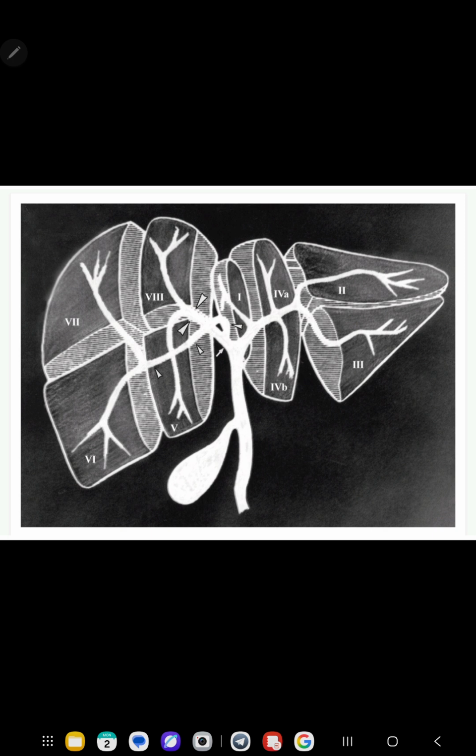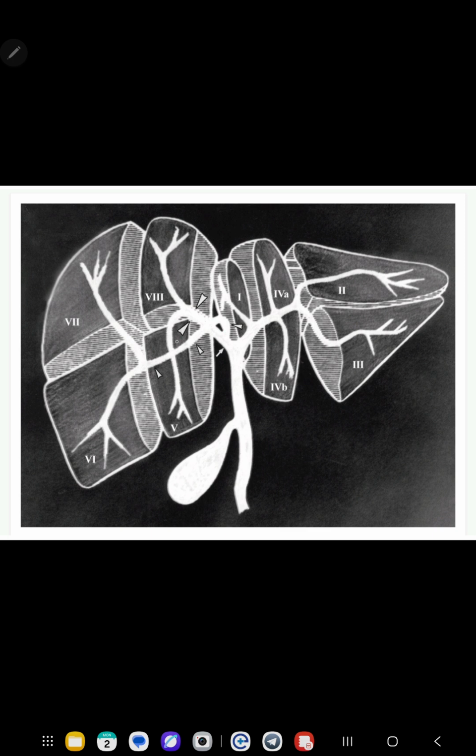So we know right hepatic duct and left hepatic duct form the common hepatic duct. Right hepatic duct itself is divided into right anterior segmental duct and right posterior segmental duct. Right posterior segmental duct is draining from segments 6 and 7.